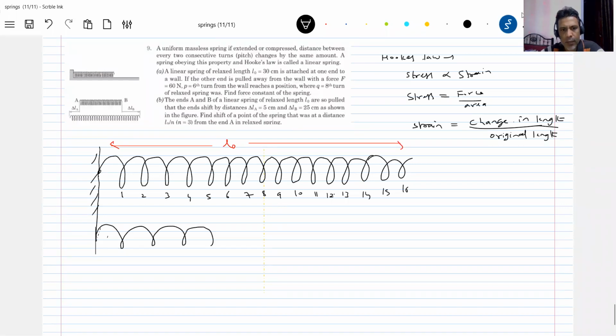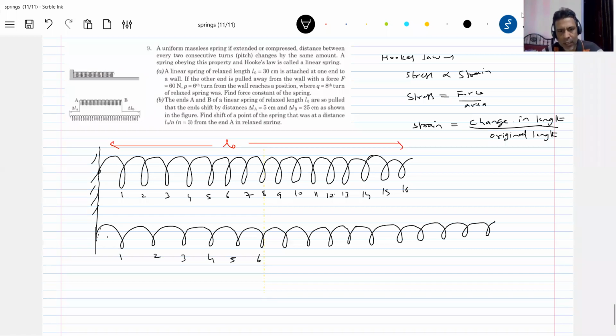So what is the state of the spring? It got elongated, no? It just shows more length, that's all. So this was 1, 2, 3, 4, 5, 6. Okay, look at the sixth turn. The sixth turn came to the position of the eighth turn, no?